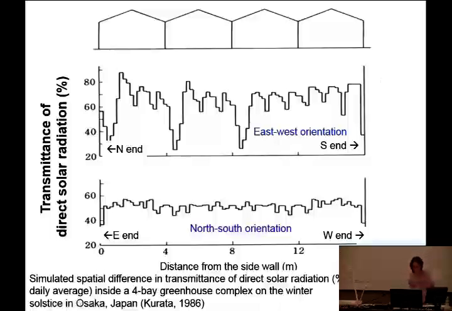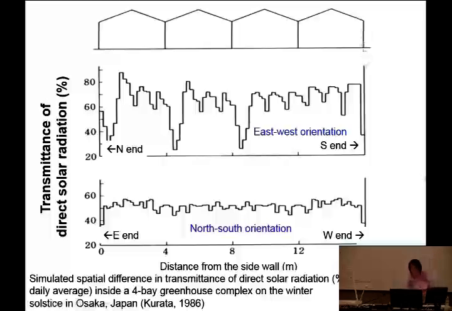And then the top one is east-west orientation. So that means the greenhouse bay is east-west orientation. That way is south, for example. And then the greenhouse is gutter connected like this. And in that case, as I said, there's a huge up and down. So this is the south end, right?